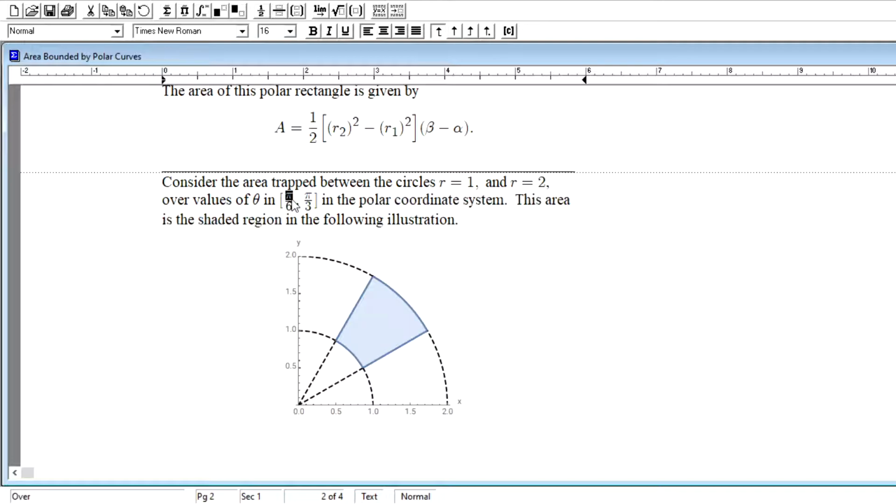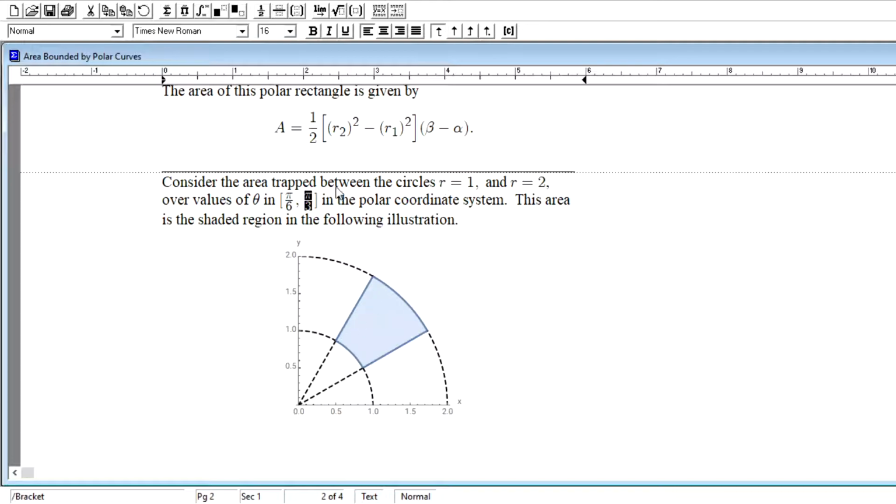The interval starts at theta equal to pi over 6, this location here, forming the side of that polar rectangle, and continues all the way up to this angle measurement, pi over 3 in value.